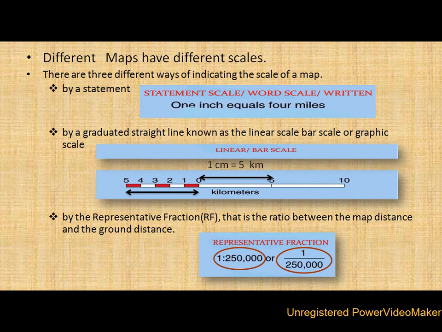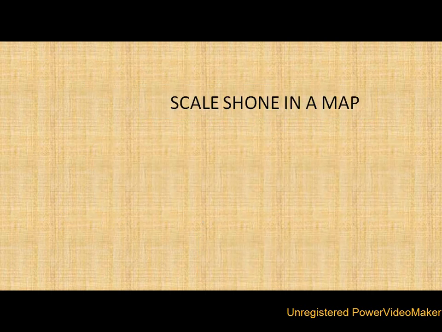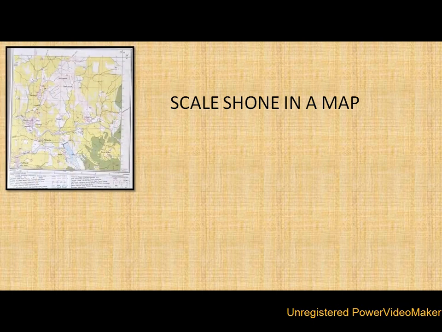In a particular map, we are going to see one example of how the scale of a map is displayed. Here one map is given, and below that map you will find some lines and writings.